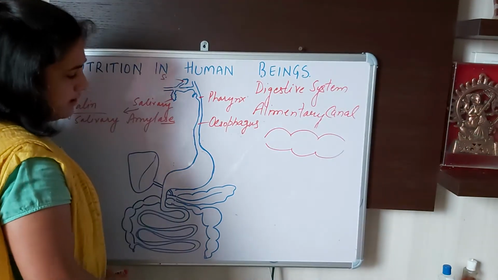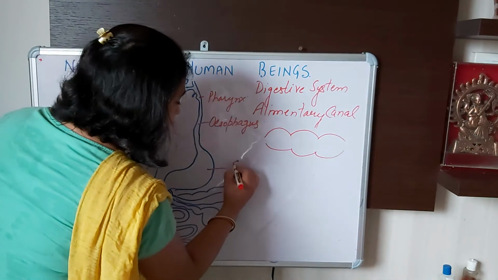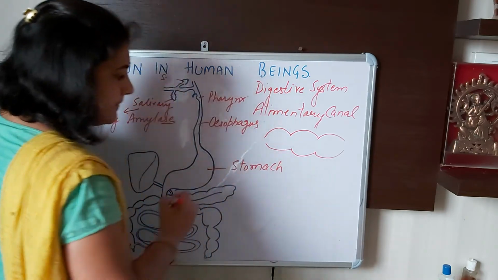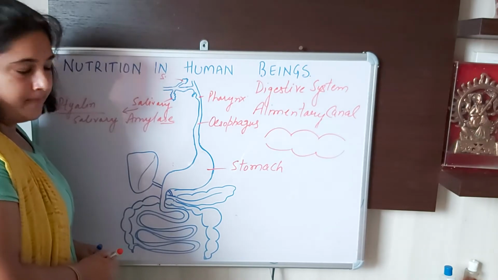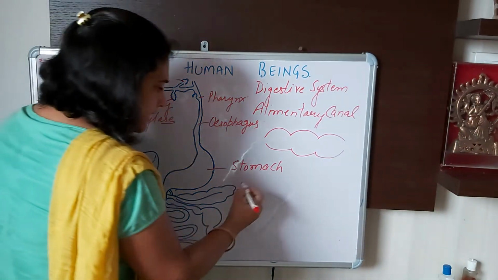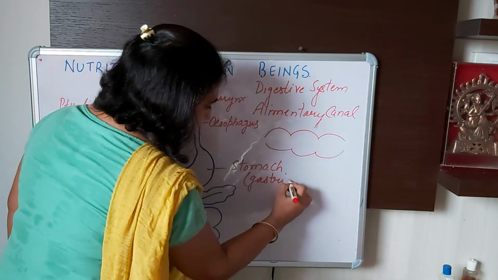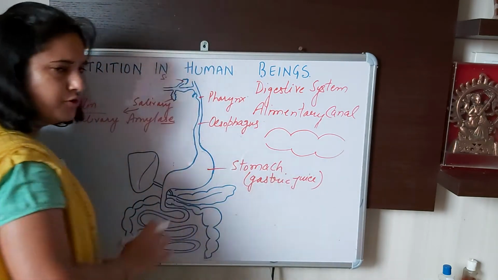The next very important part of our digestive system is the stomach. The stomach helps in digestion. How? The stomach contains gastric glands that secrete gastric juice. The secretions are commonly called gastric juice.